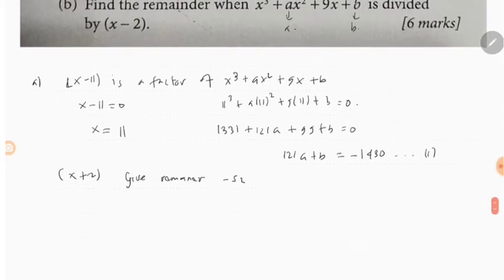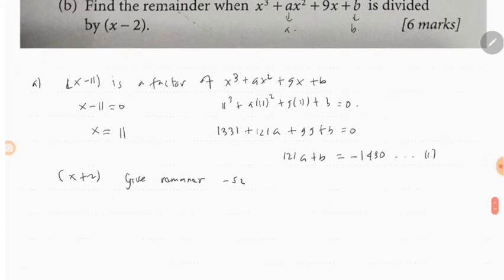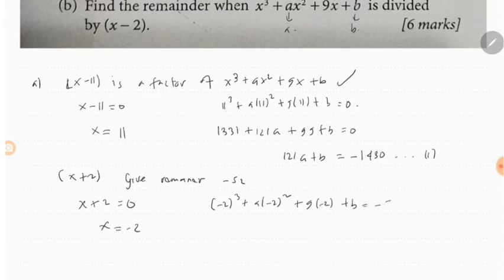So it simply means that when x plus 2 equals 0, x equals negative 2, and when you substitute negative 2 in that function, you have negative 2 cubed plus a times negative 2 squared plus 9 times negative 2 plus b equals negative 52. It gives this remainder, right?